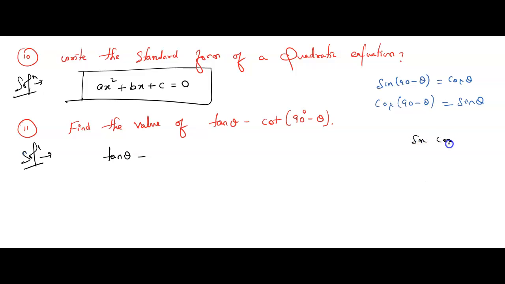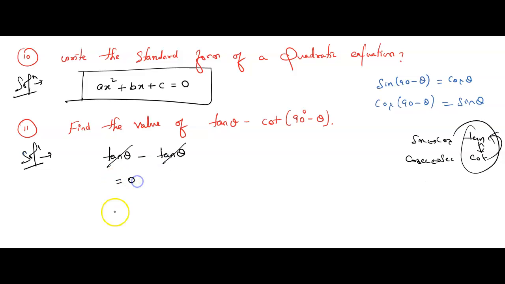Just now we discussed: cot of 90 minus theta is tan theta. So plus tan theta, minus tan theta, get cancelled. So the final answer is 0. I hope you have understood this quadrant system and how to apply these formulas.